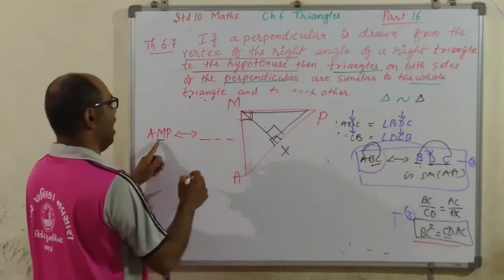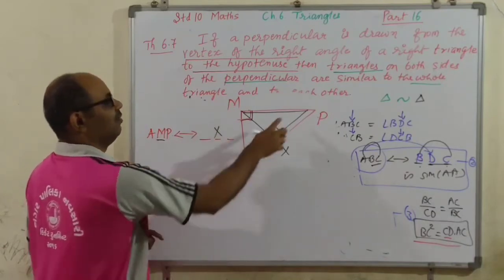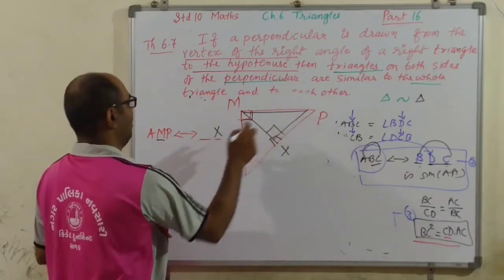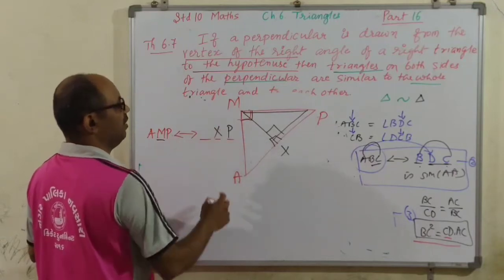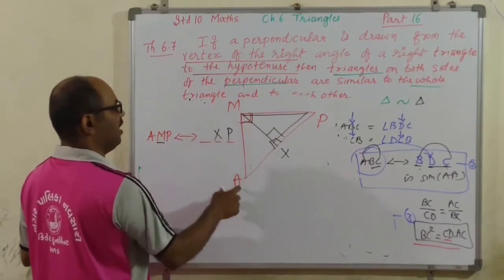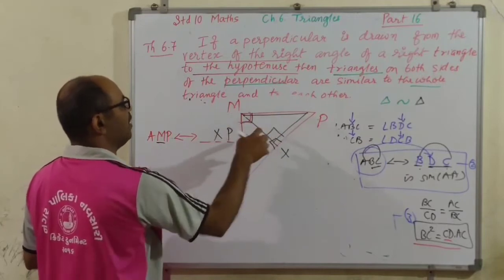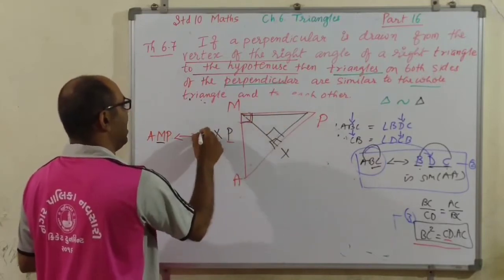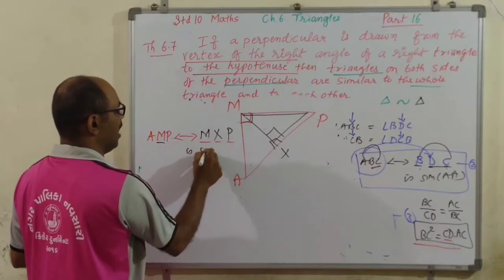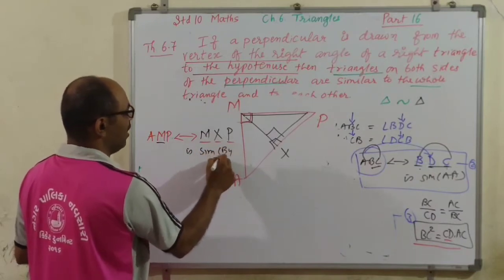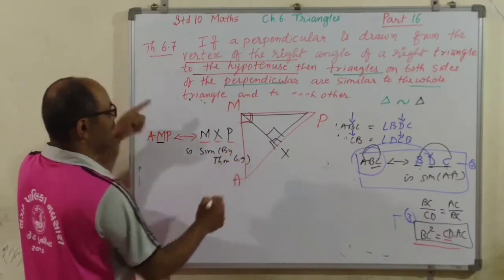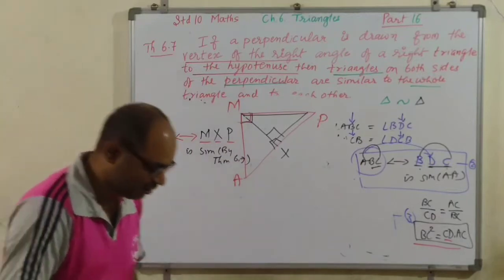X. So M corresponds to X. Which is the common angle? P. So P corresponds to P. And which is left out? X M P. X and P are used, M is left. It is a similarity by theorem 6.7. You have written it directly by theorem 6.7.